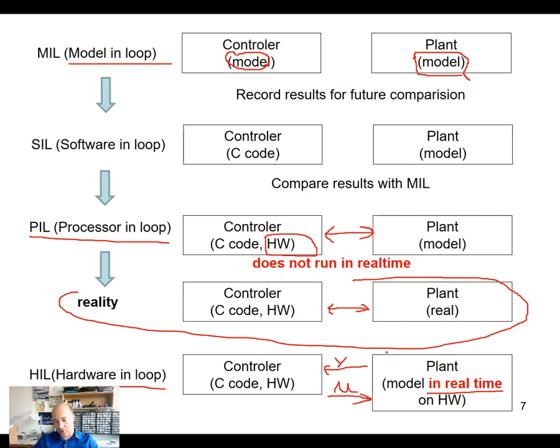Now if this is a slow system, it's not difficult to do it in real time. In real time means that you can calculate the control algorithm fast enough. So it means that your controller is running very quickly, and that there is no significant delay between the reading of the variable that you're controlling and the output.